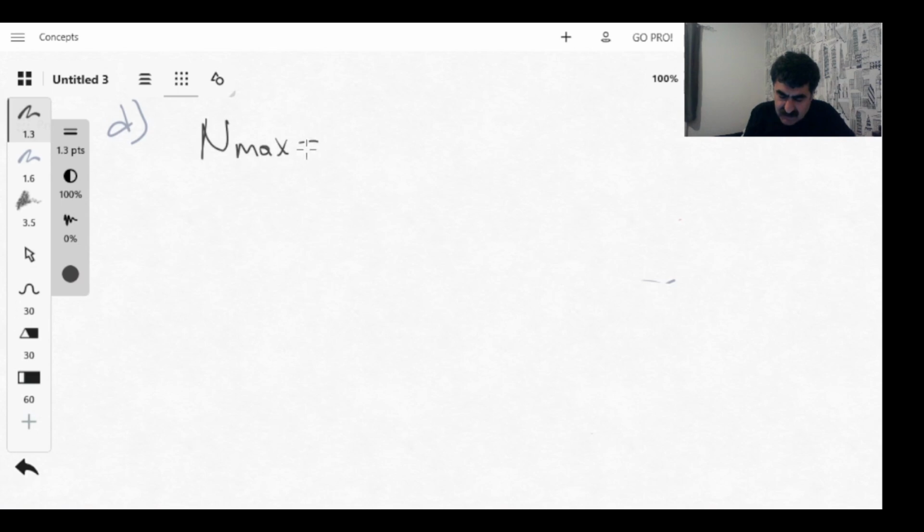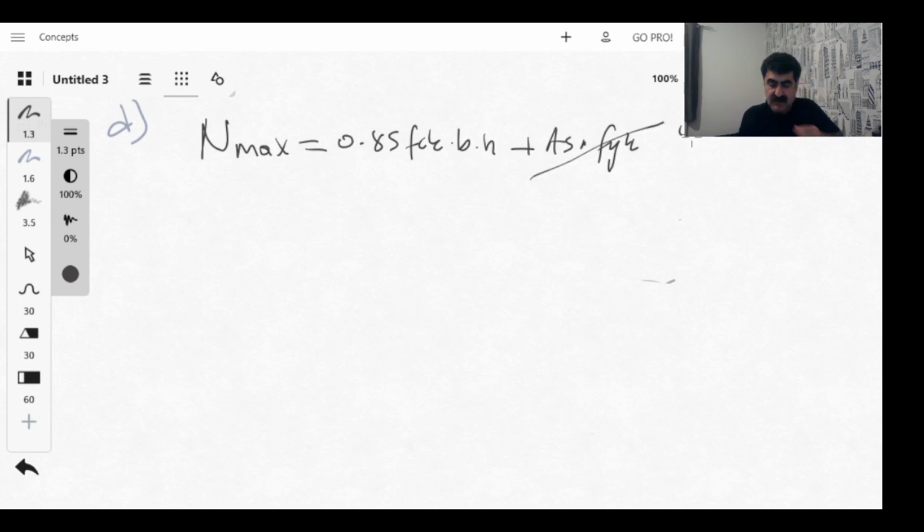This is N max, we can calculate it. So the axial force carried by the concrete will be fck multiplied by b multiplied by h, plus if we have reinforcement, AS multiplied by fyk. But no, we don't consider reinforcement. Let's take this as 0. Let's check only the concrete.